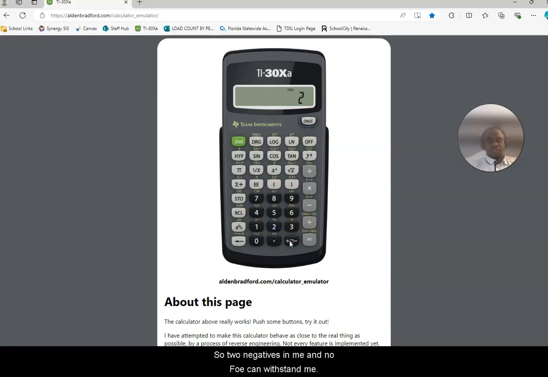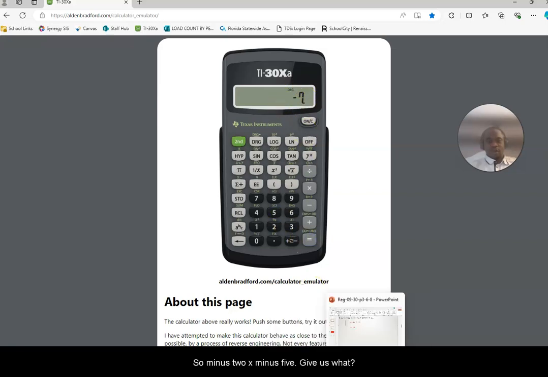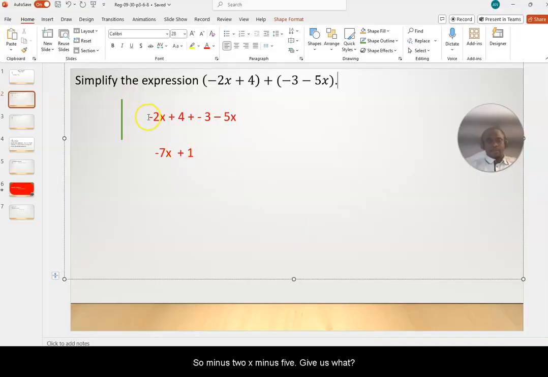So 2 negative, minus 5, and that gives us what? Minus 7. So minus 2x minus 5x gives us minus 7x. Then we also have plus 4 plus negative 3.